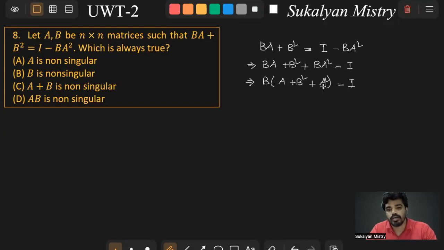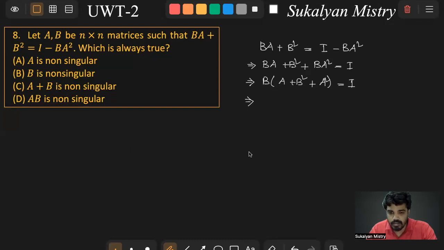ঠিক, ওকে, এবার দেখো জাস্ট কনসেপ্টটা বুঝি ভালো করে। Determinant of an identity matrix is always non-singular. Determinant of identity matrix is 1, right? So if we take determinant both sides, so what we get?